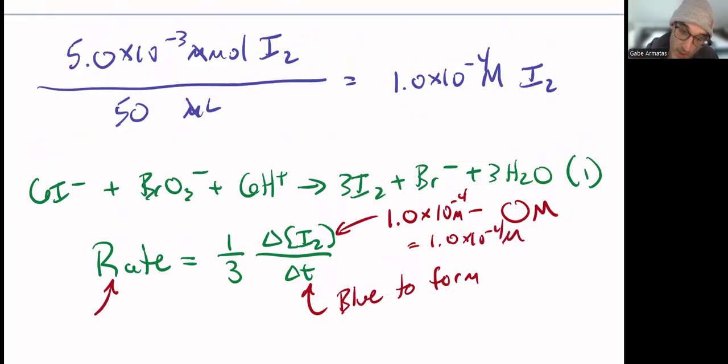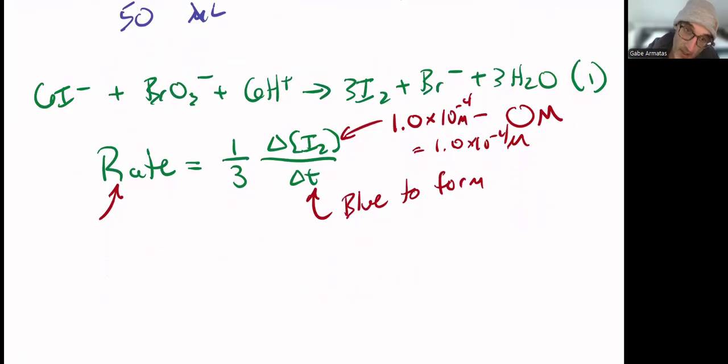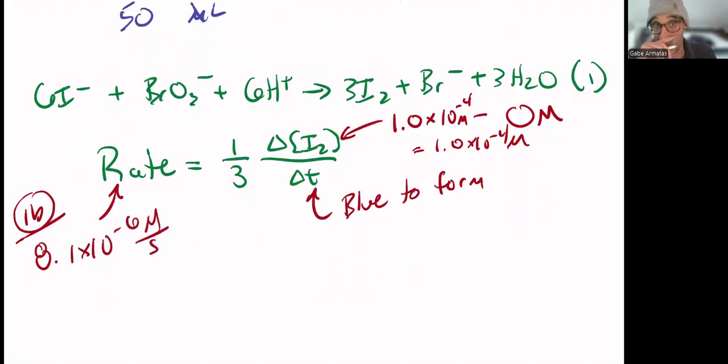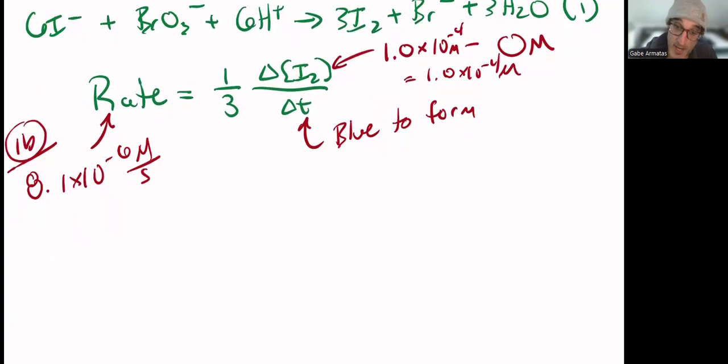And then the rate, well, we calculated that above in 1b: 8.1 times 10 to the minus 6 molarity per second was the rate. And so now we just plug those two values in and solve for it.